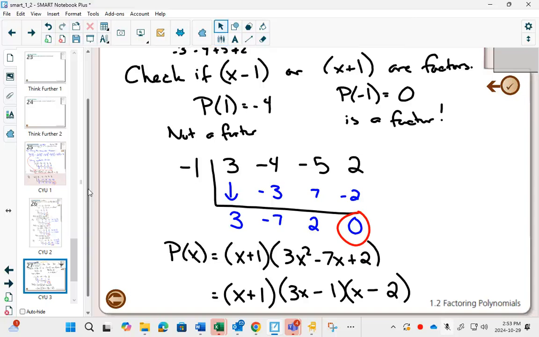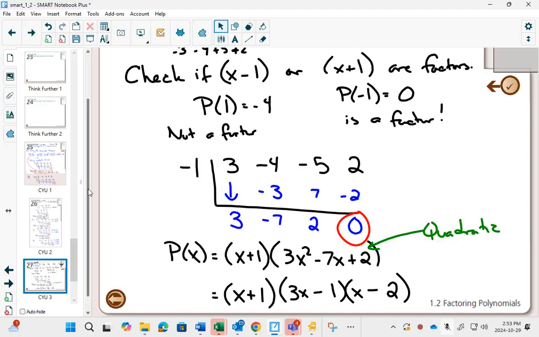So we need to find one factor. Once you find one factor, you can use synthetic division and write your division statement. As soon as this becomes a quadratic, you can factor using your old factoring skills.